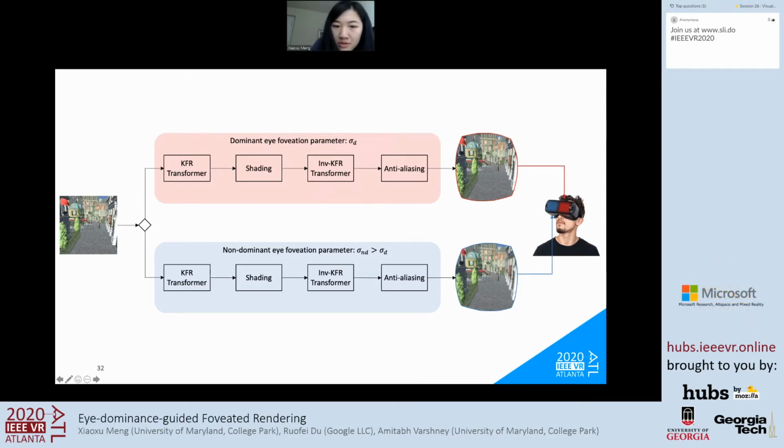And for the non-dominant eye, we choose sigma nd greater than sigma d, which corresponds to a higher foveation level. Because the non-dominant eye is weaker in sensitivity and acuity, the user is unable to notice the difference between the dominant eye and the non-dominant eye.